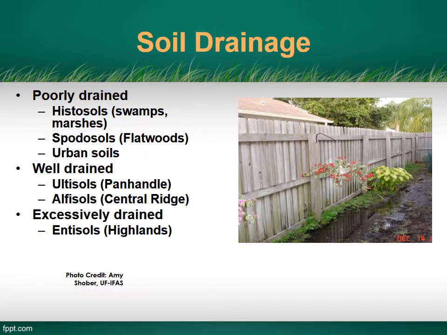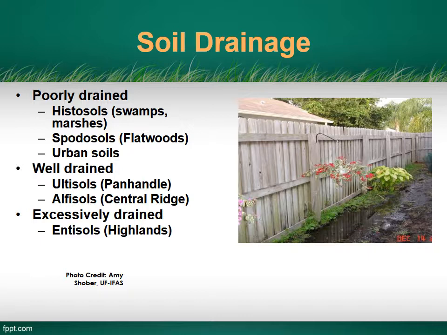Like I mentioned earlier, we have a lot of different types of soils here in Florida, and soils are classified because humans like to divide things up, assign names to them, put them in groups. So there is an entire science dedicated just to soils, where soils are broken up and given different names by the type of soil it is. Some examples of really poorly drained soils that we have here in Florida would be histosols, which are swamps and marshes, spodosols, which are flatwoods, urban soils.